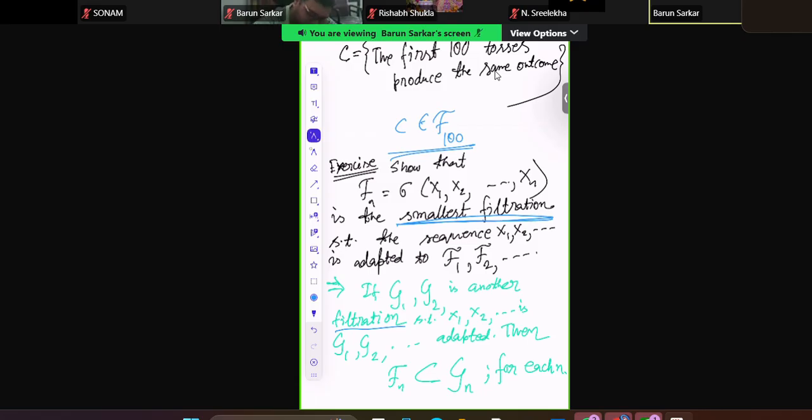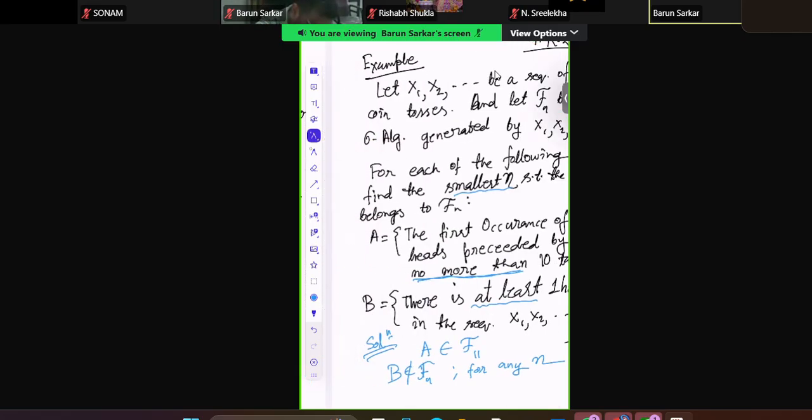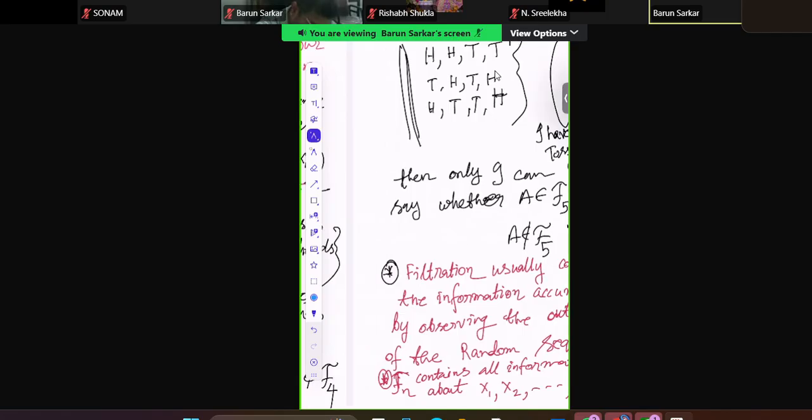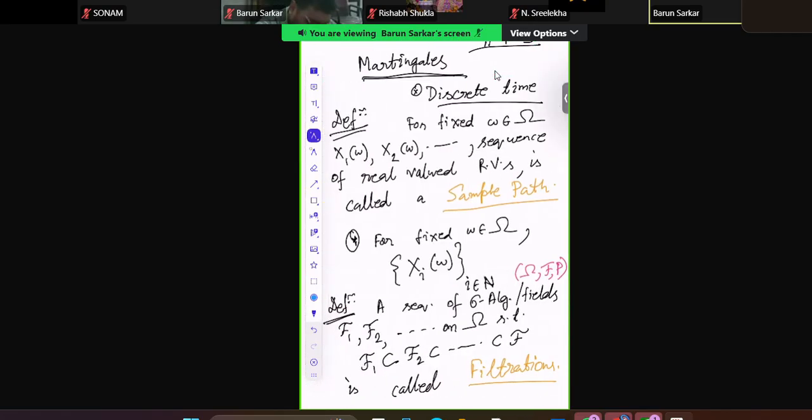Filtration, we have seen the definition of filtration: the simplest definition is an increasing sequence of sigma algebras.